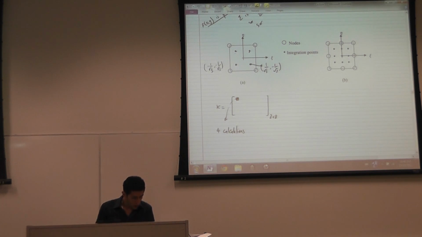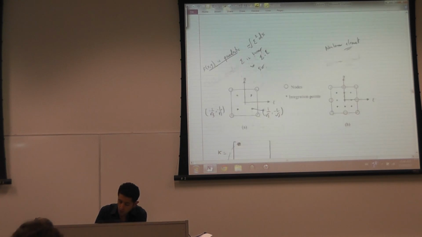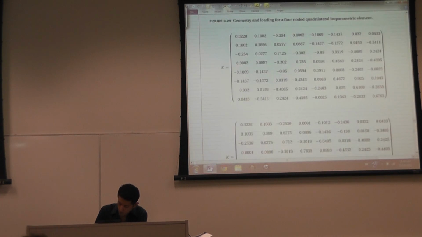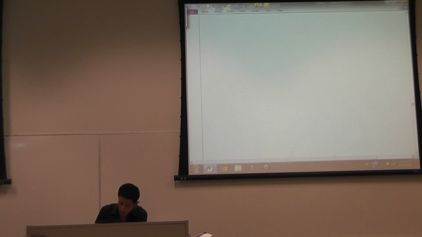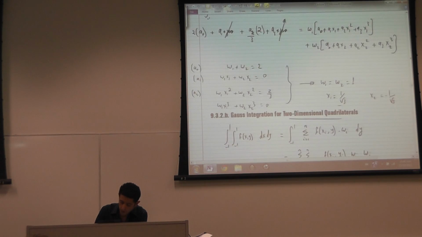For the non-linear element, I have 9 integration points, 3 in each direction, and the location of the integration points is according to this table.